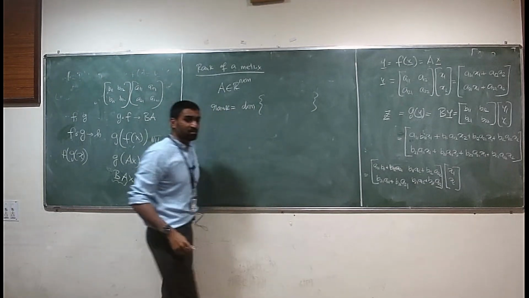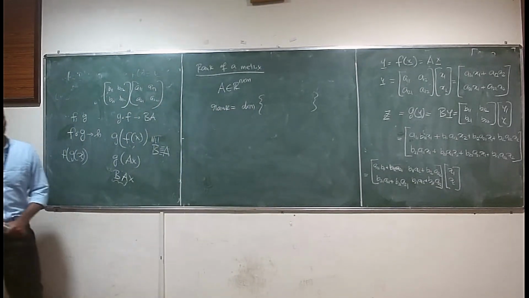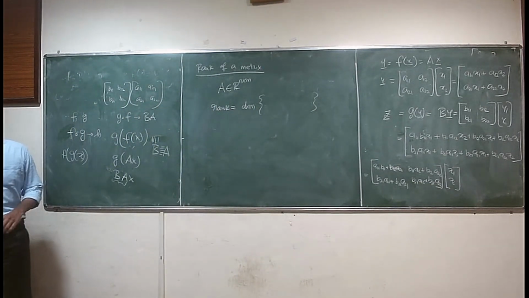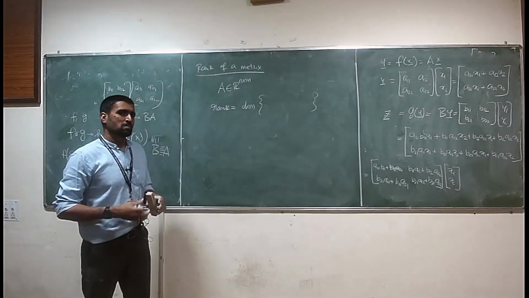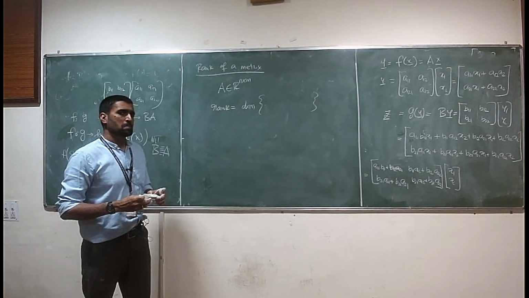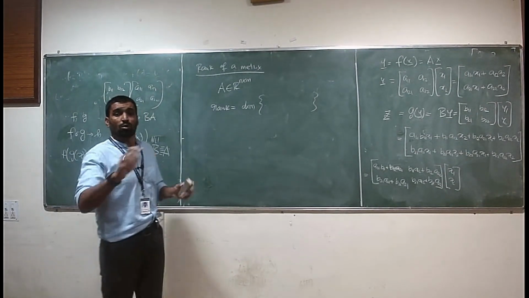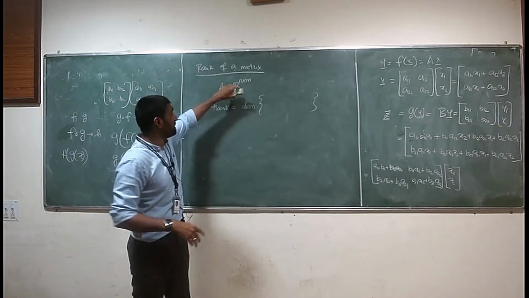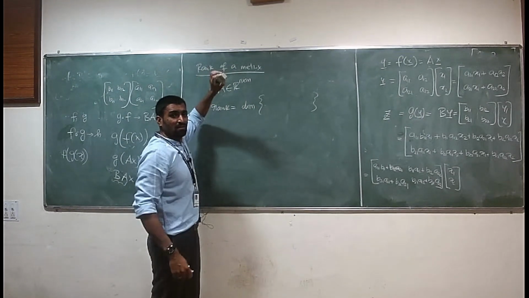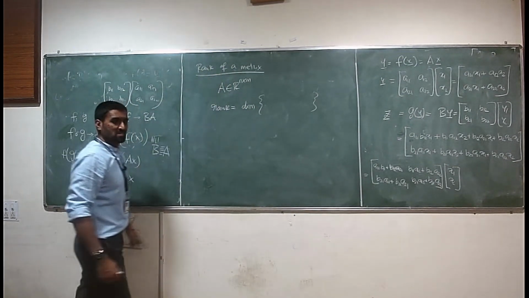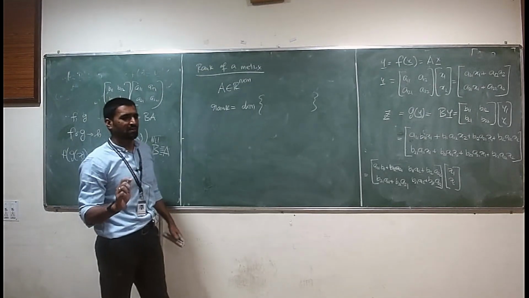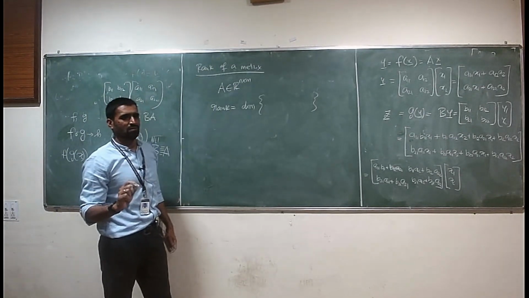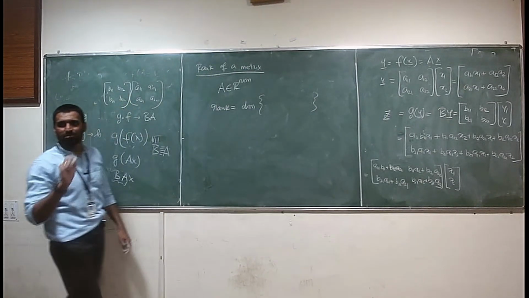What is the dimension of a subspace? Forget about a matrix. I'm simply asking what is the dimension of a subspace. Not the number of elements. What is the dimension of a vector space?